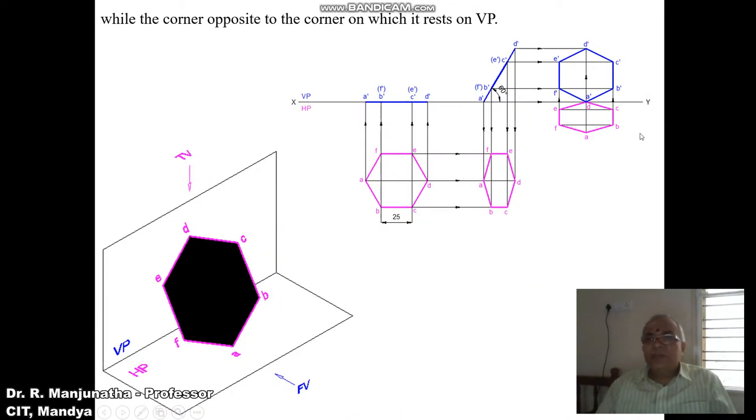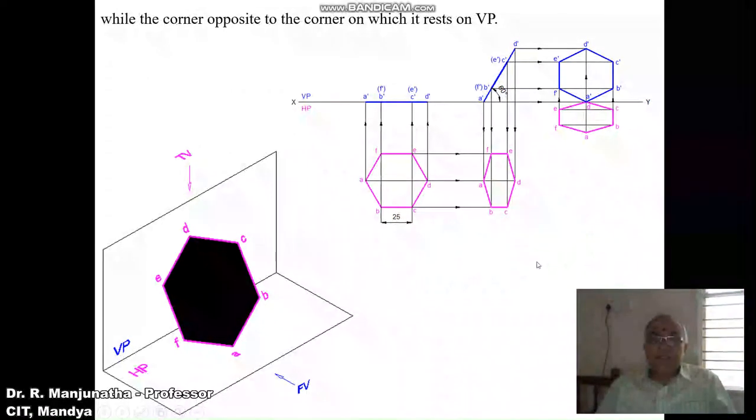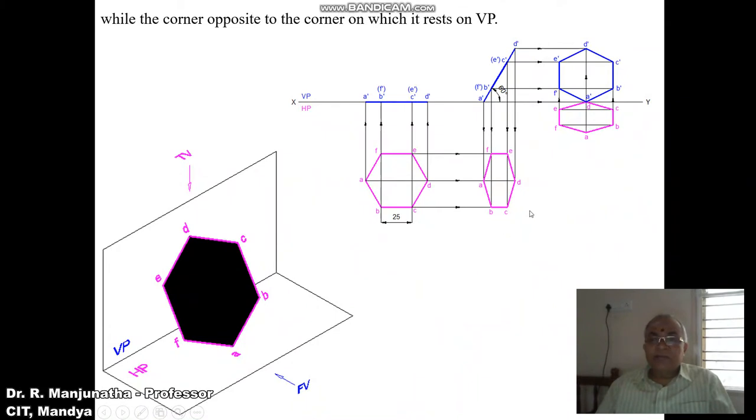We are rewriting the second position top view such that A dash is on the XY line in the front view. The corner opposite to this corner is D, so D should rest on the XY line in the top view. So you rewrite the second position top view by rotating through 90 degrees in the counterclockwise direction, such that D is resting on VP and A dash is resting on HP.